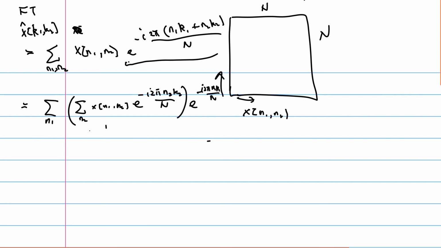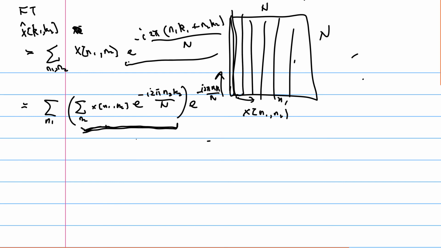Let's say this is the row, and this is m1. Then I can do one column at a time. For each m1, I compute the 1D Fourier transform along each of these columns.